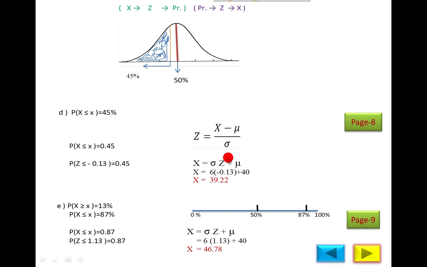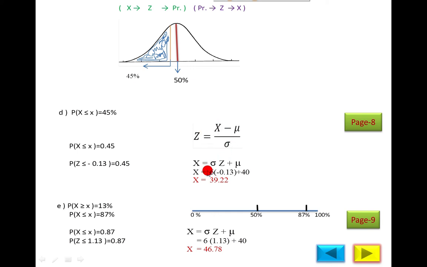Here x is unknown. With the help of the value of z, mu and sigma, because in this transformation you have four variables: z, x, mu, sigma. So if mu, sigma and z are known, then you can find x.